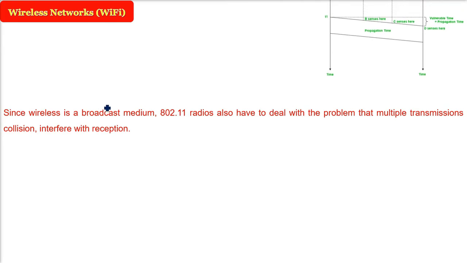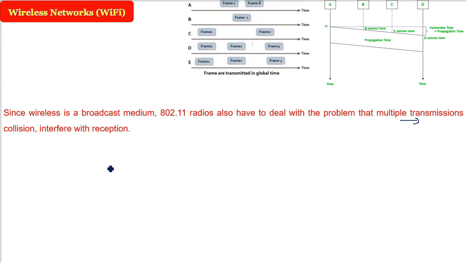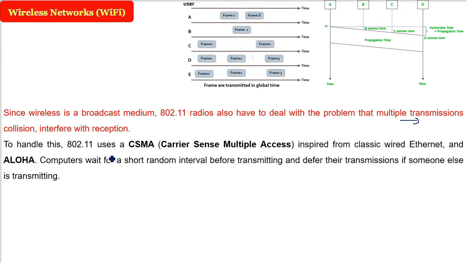Now, since wireless is a broadcast medium, it goes to everyone. So 802.11 has to deal with a collision problem, because collision means two packets can collide. In order to handle this, 802.11 also uses CSMA, carrier sense multiple access. This CSMA was used in classic wired Ethernet, 802.3. And then came the Aloha.